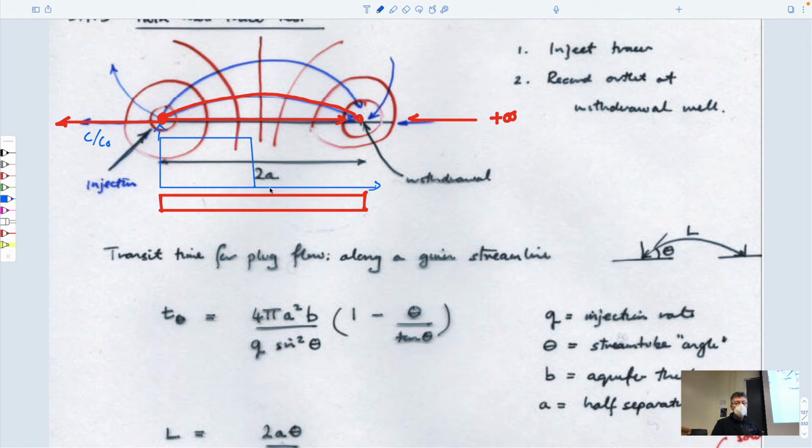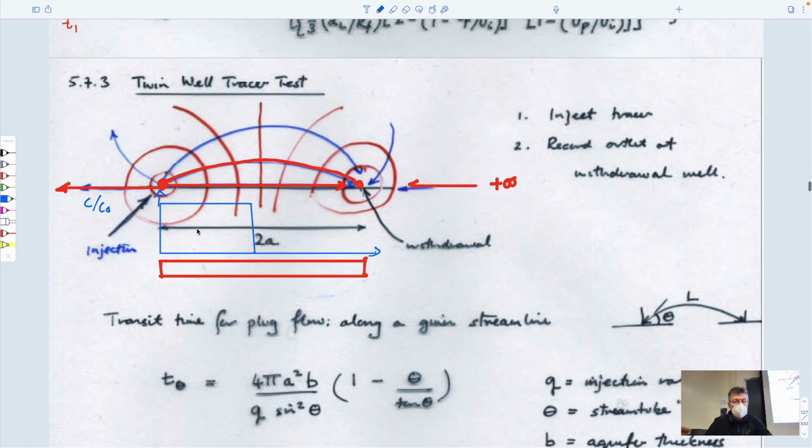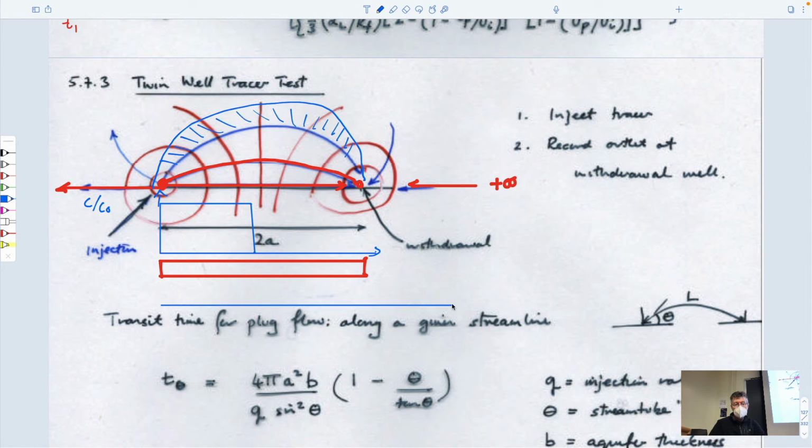So this is one of the flow channels. If you took another flow channel, say this flow channel here, and you stretch that out, then all of a sudden that flow channel's longer.